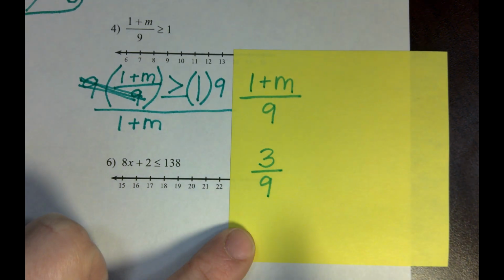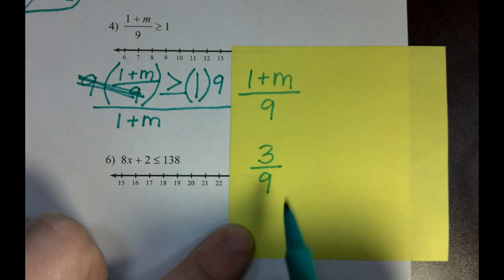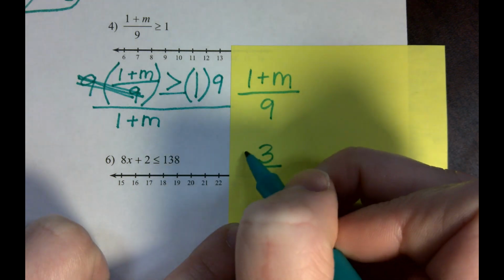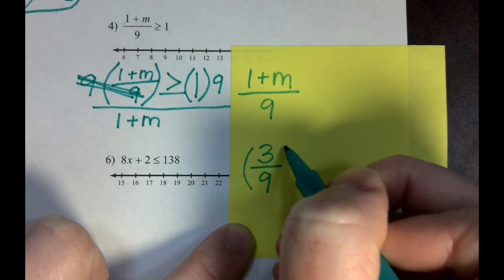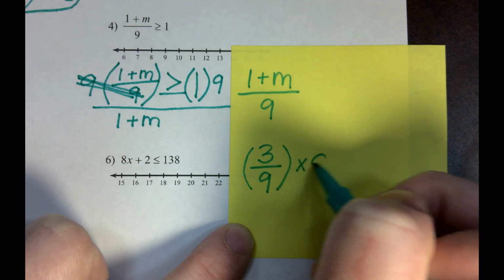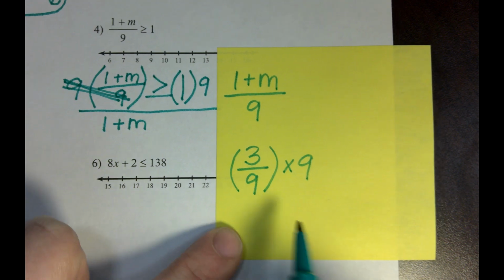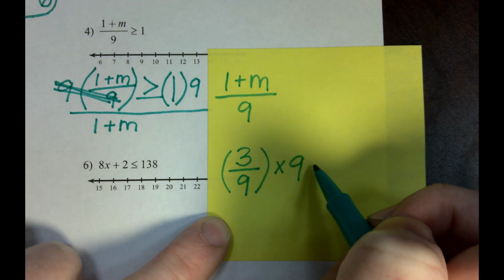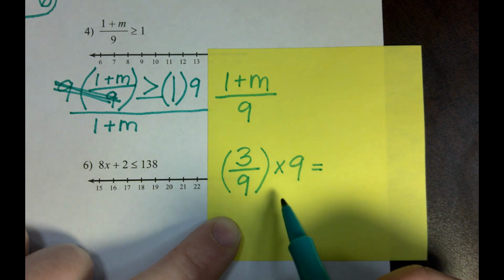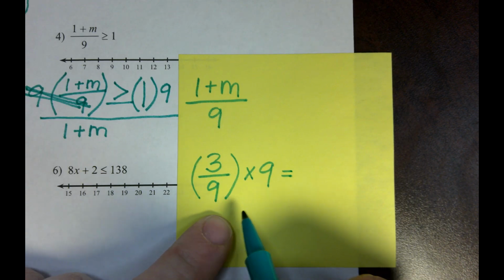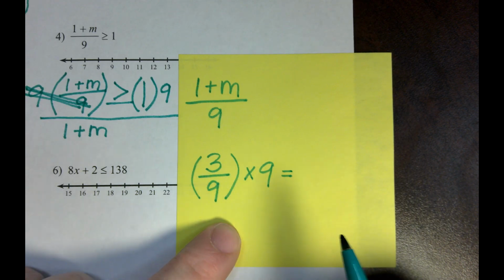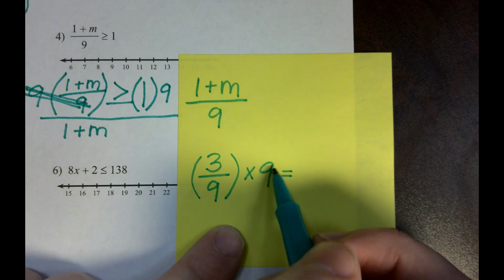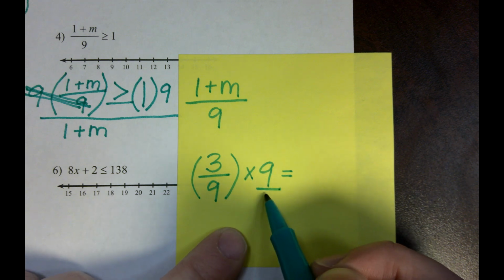Okay, so if I had 3 divided by 9, and I did this times 9, here's what would happen if I multiplied the top and the bottom by 9. So let's see. When I'm multiplying fractions, what's really happening is this is 9 over 1.